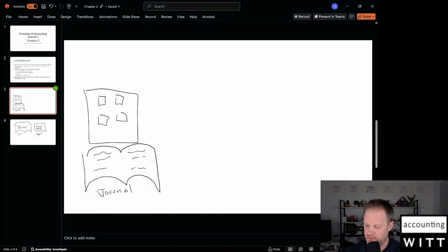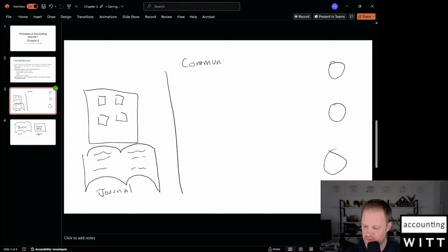And that's all internal. And then you've got the stakeholders and the way that the story is communicated is through.